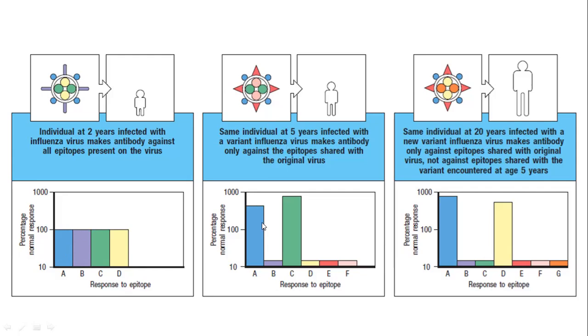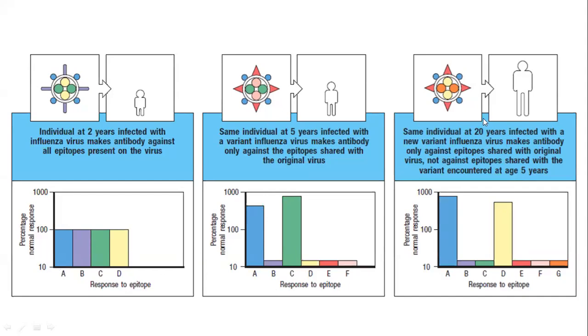Again, on tertiary exposure, they were only able to produce immunoglobulins against the viral epitopes that were similarly present in the parental variant.